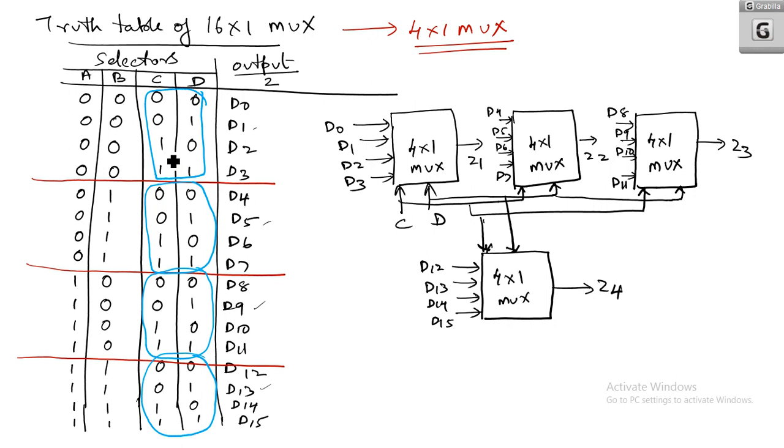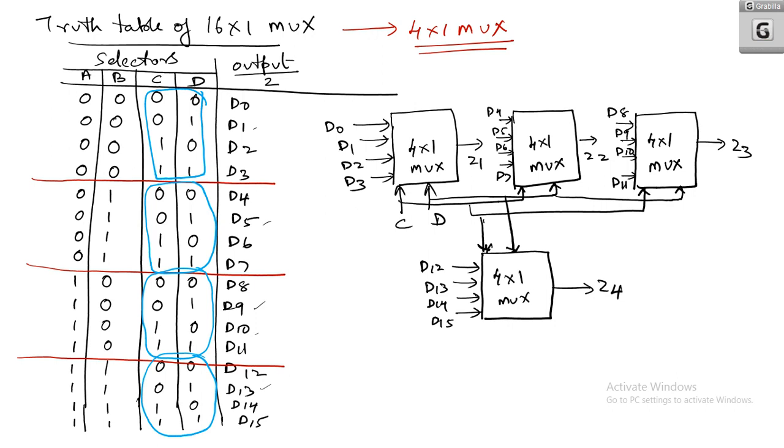If C is 1 and D is 0, the first gives D2, second D6, then D10, and the last D14. Now if C and D are both 1, the order is D3, D7, D11, D15 respectively. That is what is depicted from this figure.